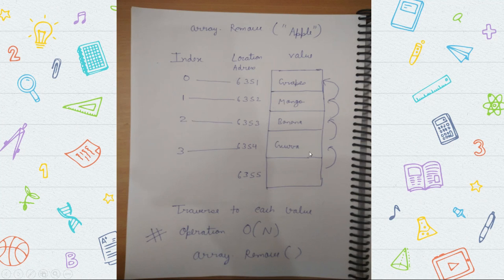So you can see that we have to traverse, and then we have to change the location of the elements. So finally we have to traverse all the elements of the array to execute the remove method. That's why we have to traverse each value. The time complexity of this method is O of n.